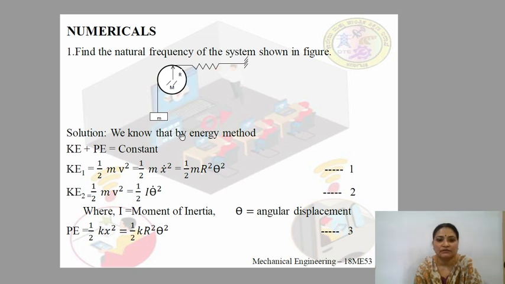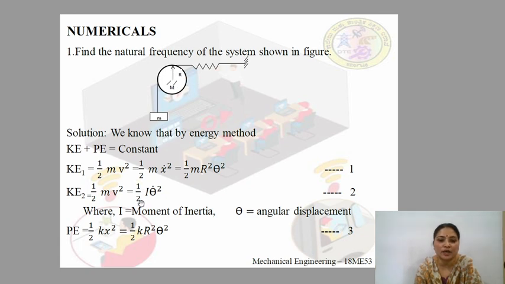Now we will find the kinetic energy of the second mass, that is the pulley. Kinetic energy for the capital mass M is also half m v square, but here the pulley is moving in the angular direction.